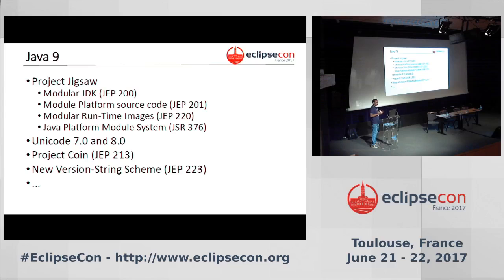Even the platform source code, like java.lang.Object or java.sql or Java XML, all sorts of things, have been modularized. Which means that you only need to worry about the code that you are interested in, right? If you're not going to use database connections, for instance, you don't need the java.sql module at all.